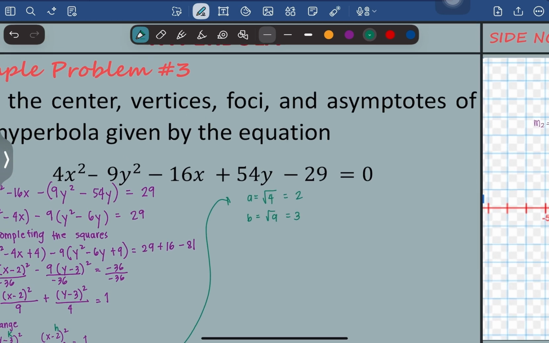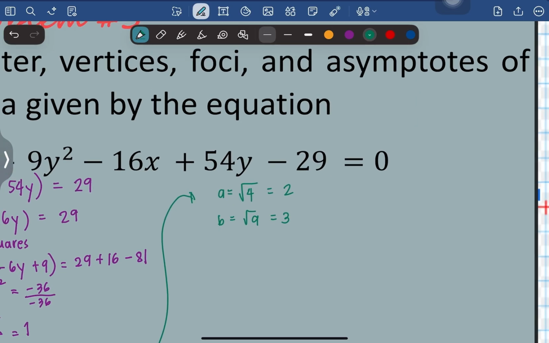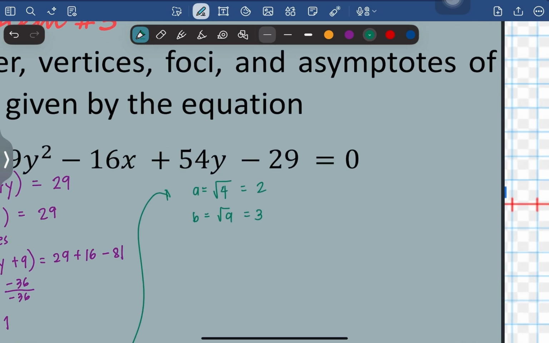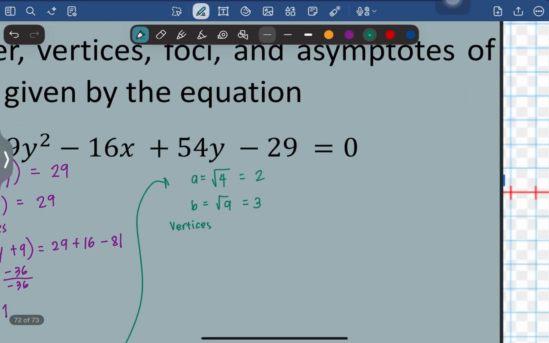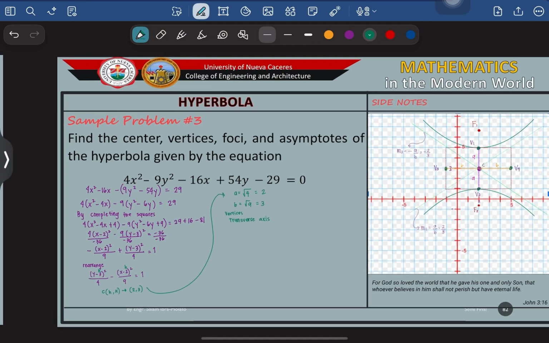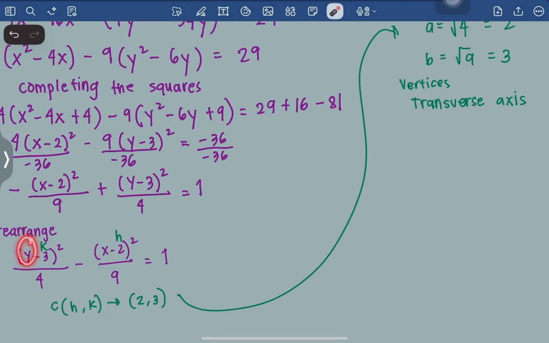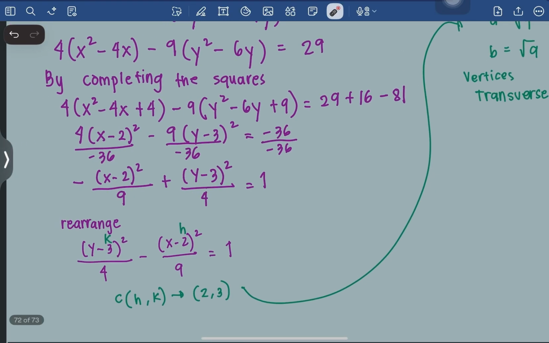Then, get the vertices of the transverse and conjugate axis. So, vertices. The transverse axis is parallel to the y-axis. So, based dito sa standard form, kung saan yung term natin na y squared is positive.